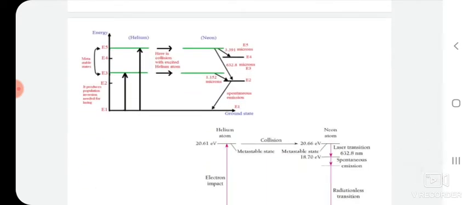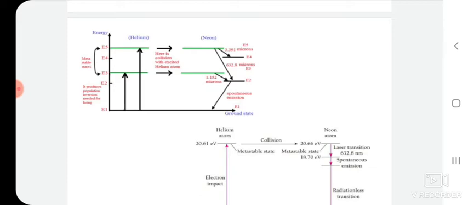What does it mean? When an electric discharge is produced in the gas by using electrodes which are placed outside of the tube and connected with the high frequency alternating current, during that process collisions of electrons from the discharge excite He and Ne atoms.